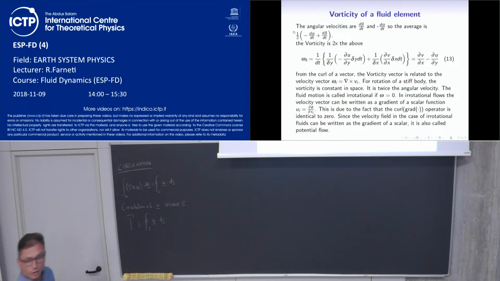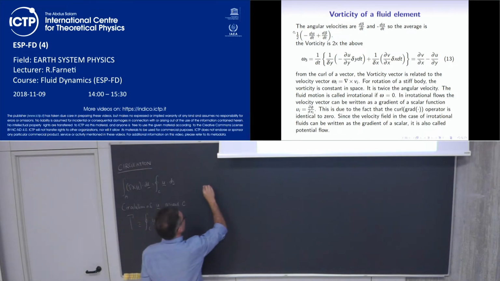So the line integral of your velocity field around that closed contour, and I will make this simple example of a bell shape.